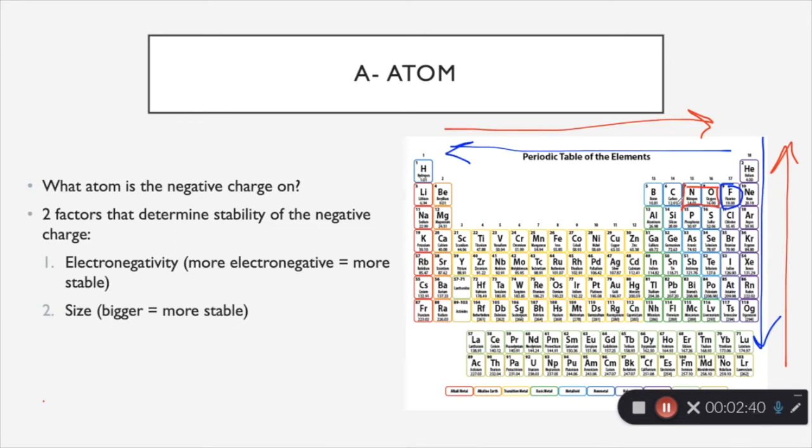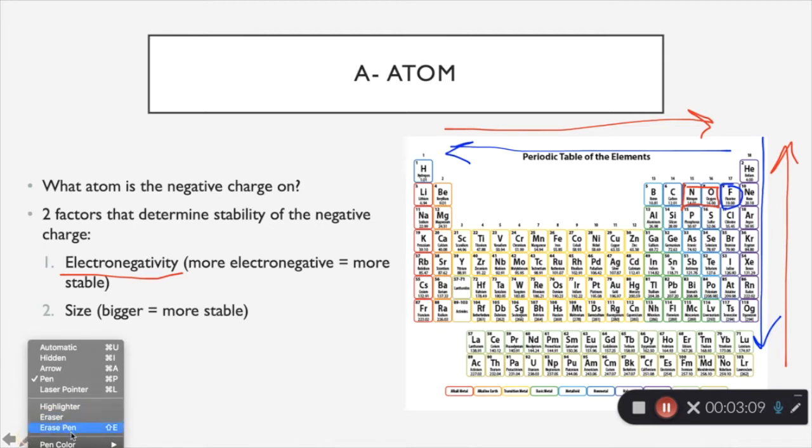So, like I said, those are horizontal to each other on the periodic table, so you're going to use electronegativity to determine which one is more acidic. And so, as it says here, if you're more electronegative, you're more stable. Because remember, electronegativity is basically the affinity of that atom to hold electrons. So if it's very electronegative, it really wants those electrons close to it.